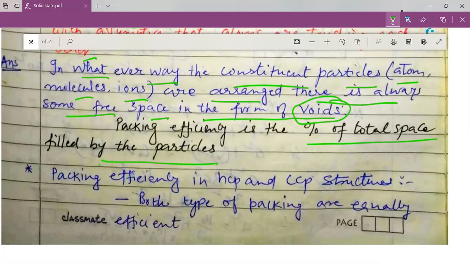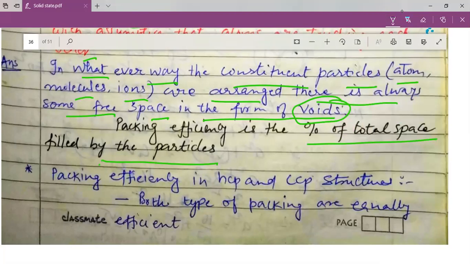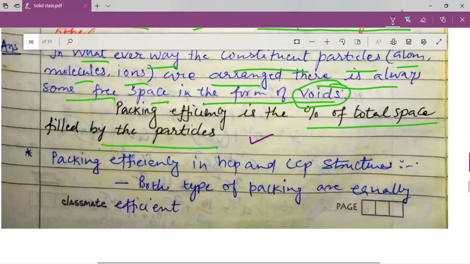So when we study packing efficiency, actually we study the percentage of total space filled by the particles, by calculating the packing efficiency of a particular unit cell.